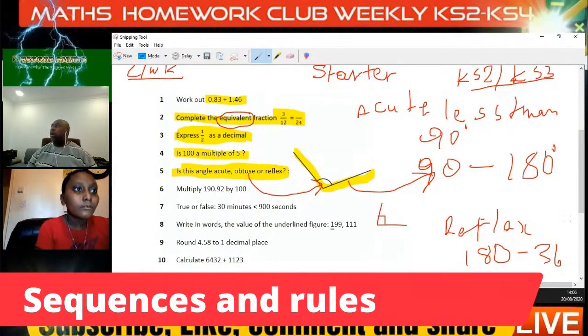So that's a reflex angle. An obtuse angle is between 90 and 180, and an acute angle is less than 90. We'll come back and revisit this several times, so don't worry.